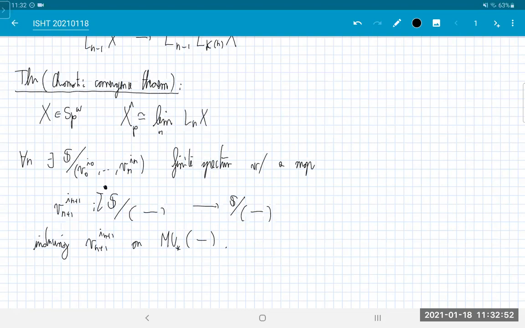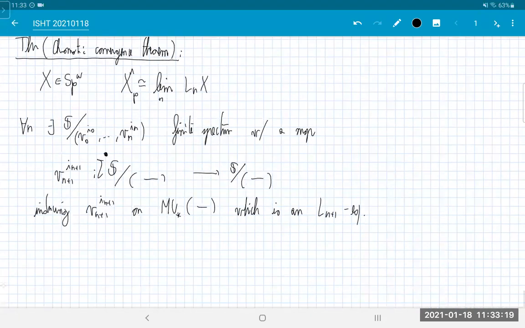And again, technically, if the exponents are big, this is not very well defined. I'm saying it's a representative for this class, Vn plus 1 to the in plus 1. And which is, sorry, I also should say, which is an En plus 1, actually, Ln plus 1 equivalence. And that's actually a consequence of some very, very big theorems, the nilpotence and thick subcategory theorems.